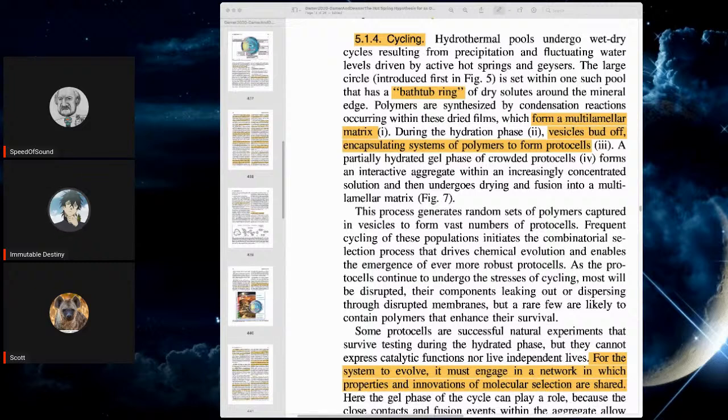Frequent cycling of these populations initiates the combinatorial selection process that drives chemical evolution and enables the emergence of ever more robust protocells. As the protocells continue to undergo the stresses of cycling, most will be disrupted, their compartments leaking out or dispersing through disrupted membranes, but a rare few actually are likely to contain polymers that enhance their survival.